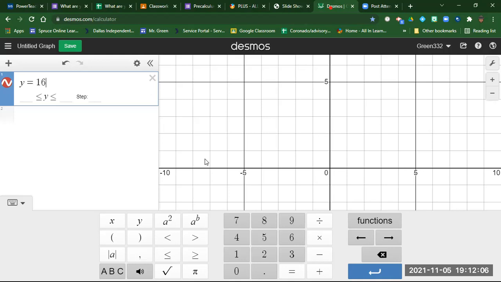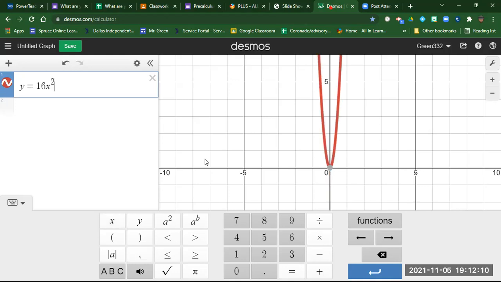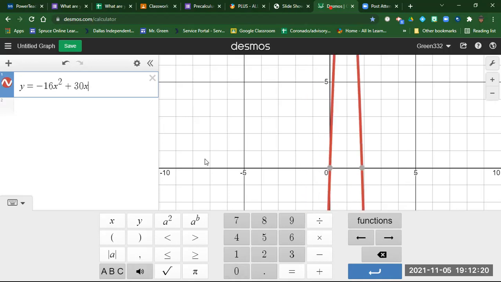I believe it'll still work with t, but I'm going to go ahead and use x anyway. That's going to be a negative 16, and that's a plus 30x, and that's a plus 0.167. All right, there's our graph.